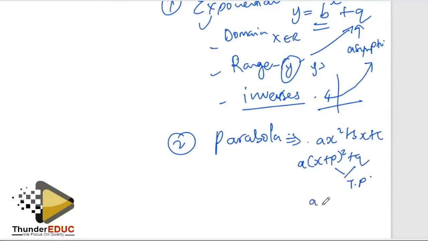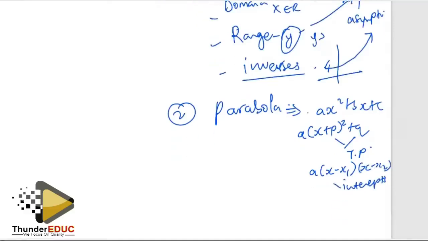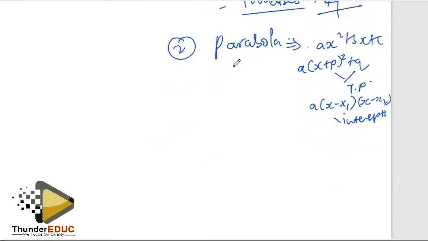And then we also have a into x minus x1 into x minus x2, where x1 and x2 are intercepts, the points where the graph is cutting the axis. So with parabolas, we have the smiling one if a is greater than 0, and the frown face if a is less than 0.